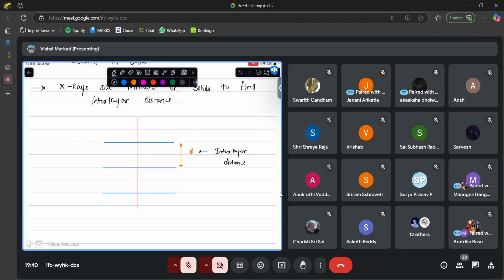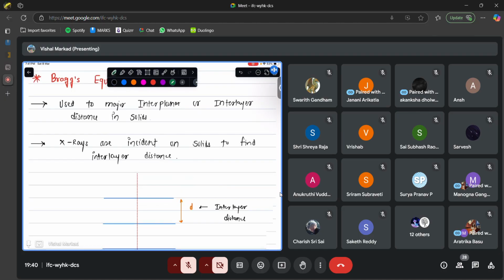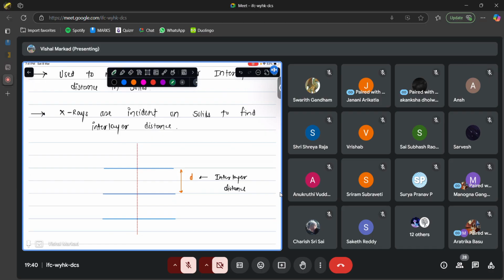Now here, we are inserting X-rays on this solid. X-rays are falling here, and similar rays are coming here. They will deviate from here, they will reflect like this. So can I say this is my angle of incidence of the X-ray? Yes, sir.